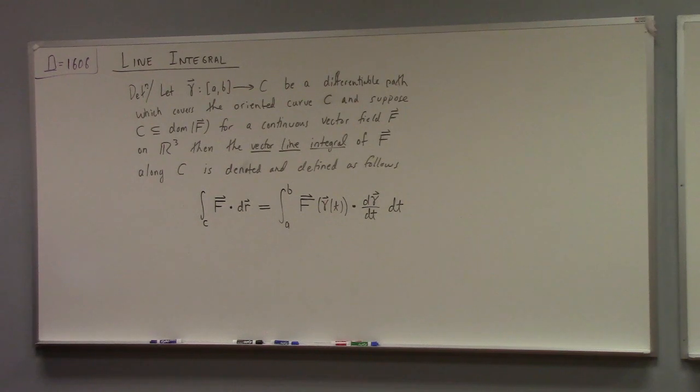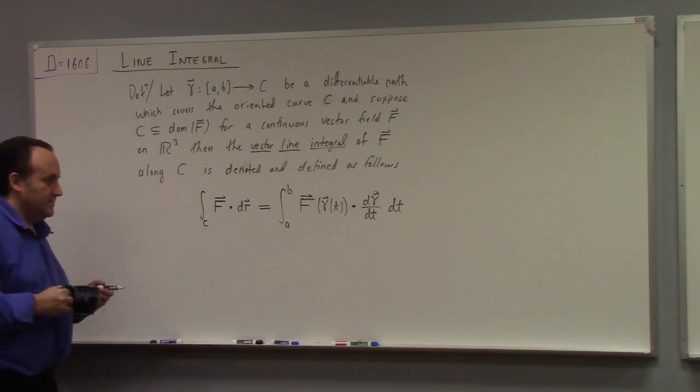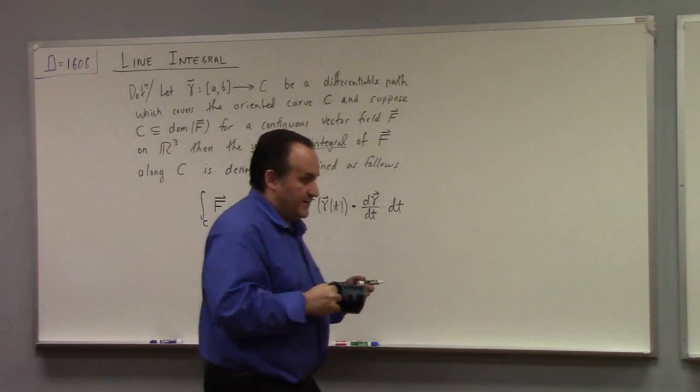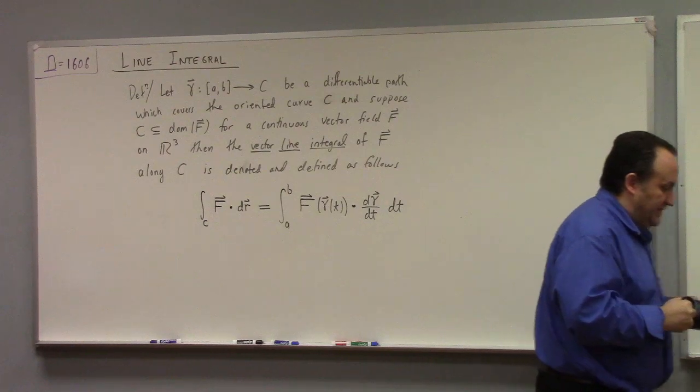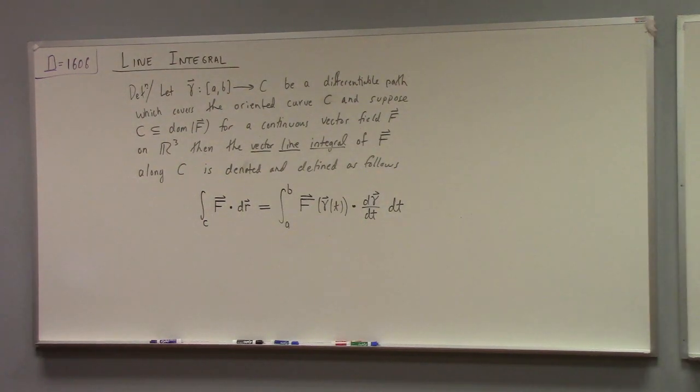As I've indicated in our discussion leading up to this, this calculates the work done by the vector field along the curve, if you want to think about it in terms of physics, or it calculates the circulation of the vector field along the curve if you want to think about this idea in terms of fluid dynamics.